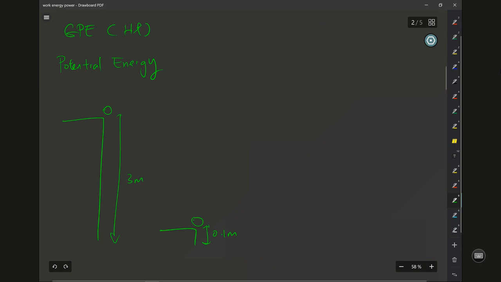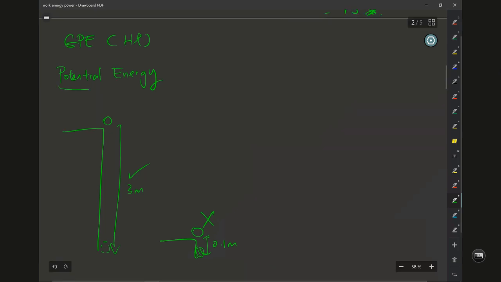By logic, or rather by our sensing, we know that the first scenario will have a higher speed when it's about to hit the ground, as compared to the second scenario. This one would not have the higher speed. So obviously the idea of potential energy has to do with height, and we are talking about gravitational potential energy here.